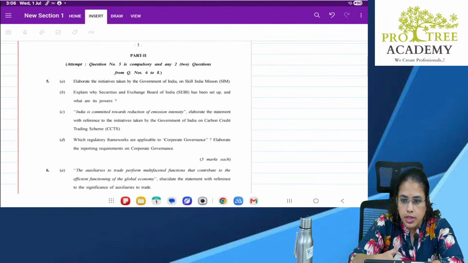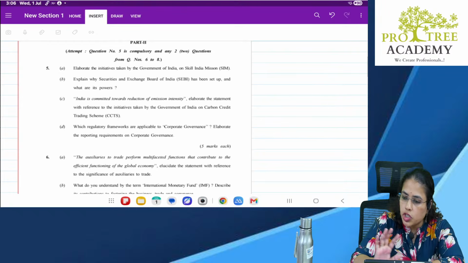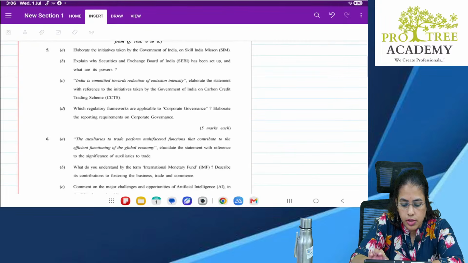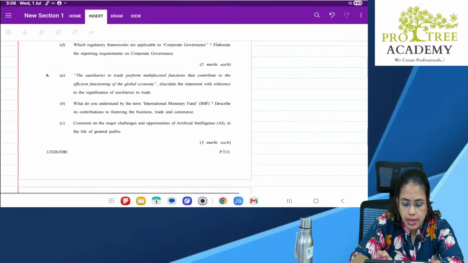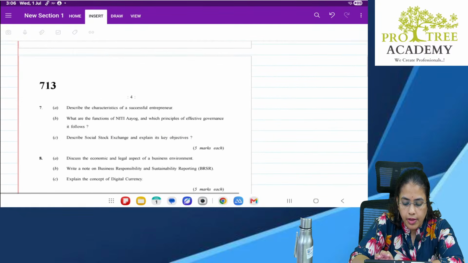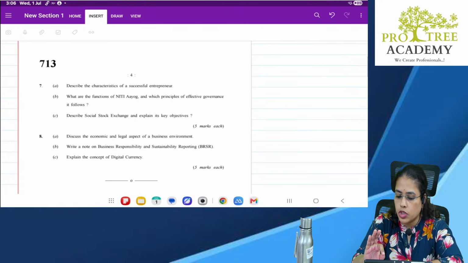In these 3, any 2 you can choose. In the compulsory question, 4 questions will be given, 5 marks each. And then afterwards the 6th, 7th and 8th, all will be three questions, 5 marks each. So this is the paper.